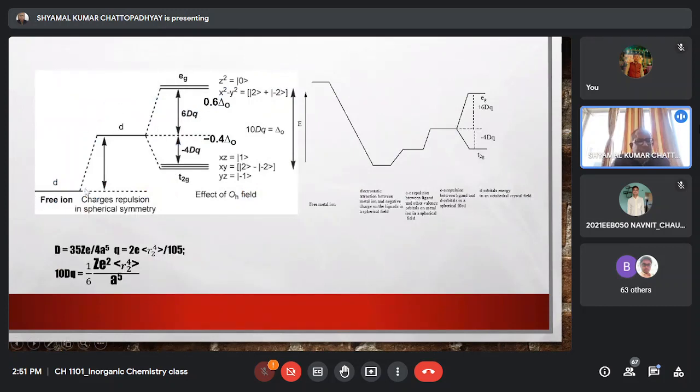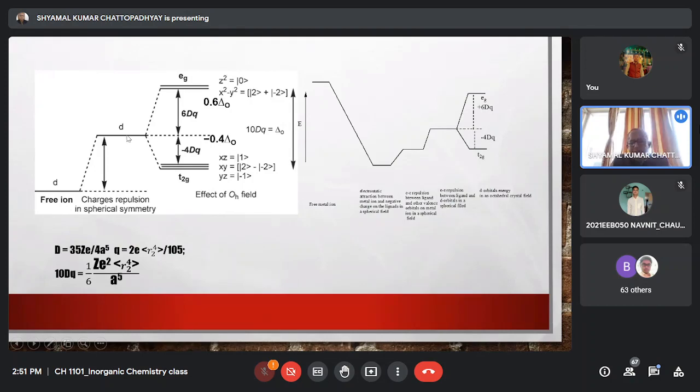So this is the free d ion. Initially, first of all, we consider that the charges are not localized, but delocalized over the entire sphere. If it is a spherical symmetry, all the d orbitals are uniformly destabilized because of repulsion, and you have this picture where all the d orbitals are destabilized.